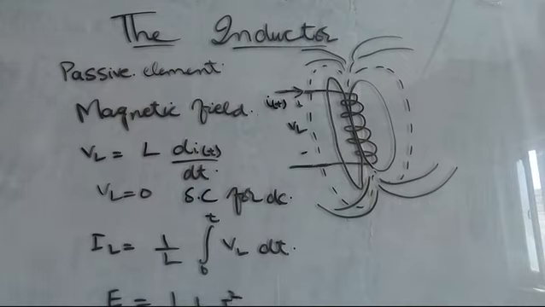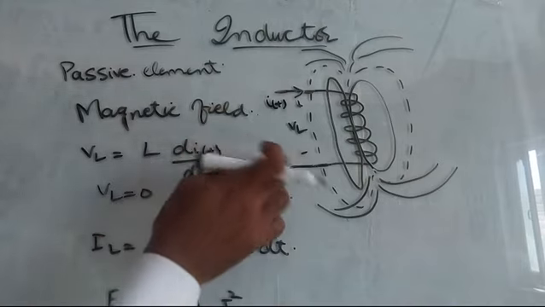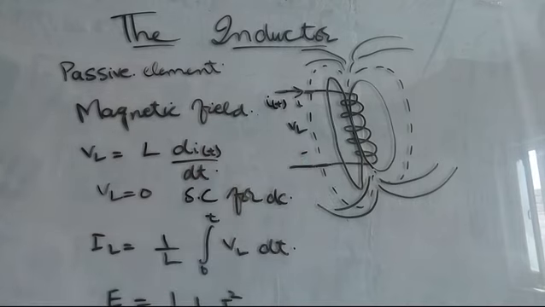Inductors are also energy storing devices. They do not consume any power, and in one cycle they will store energy, and when the polarity is reversed they will deliver energy.